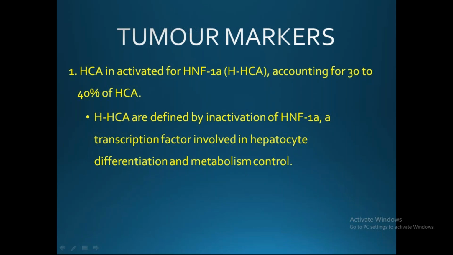If you order a tumor marker study, that is HNF1A. 30 to 40% of hepatocellular adenomas will have a gene with HNF1A, but mutations will be rare. If there are mutations, you should be watchful.